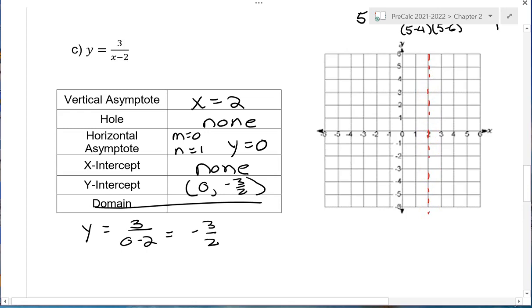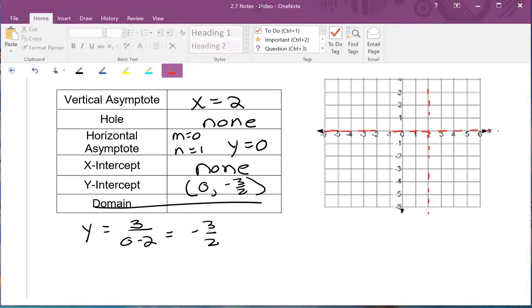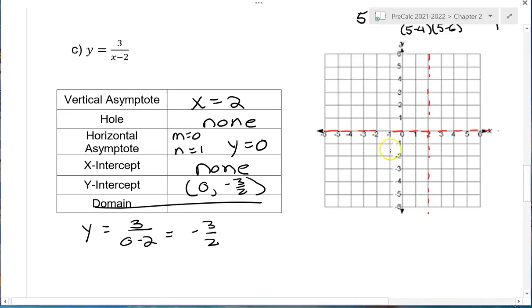And then my horizontal asymptote is at y equals 0. And a y-intercept at 0, negative 3 halves. So 0, right there. Okay, let's get some points.